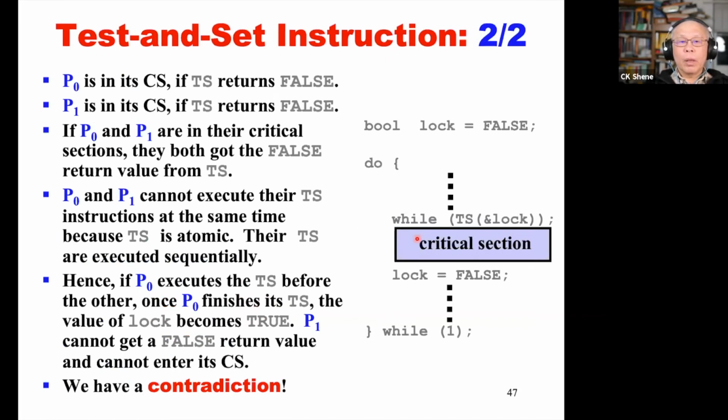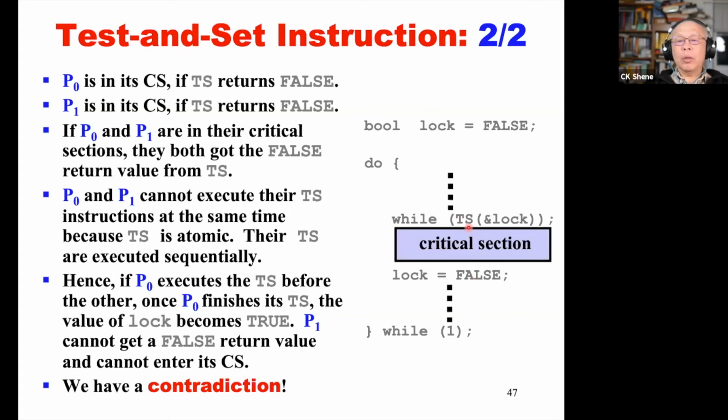Now, let's prove rigorously based on what we have learned so far. This is the algorithm, entry section, exit section. Now, let's study P0. We only use two processes. You can easily extend this to an arbitrary number of processes. So P0 can enter its critical section if and only if TS returns false, right?